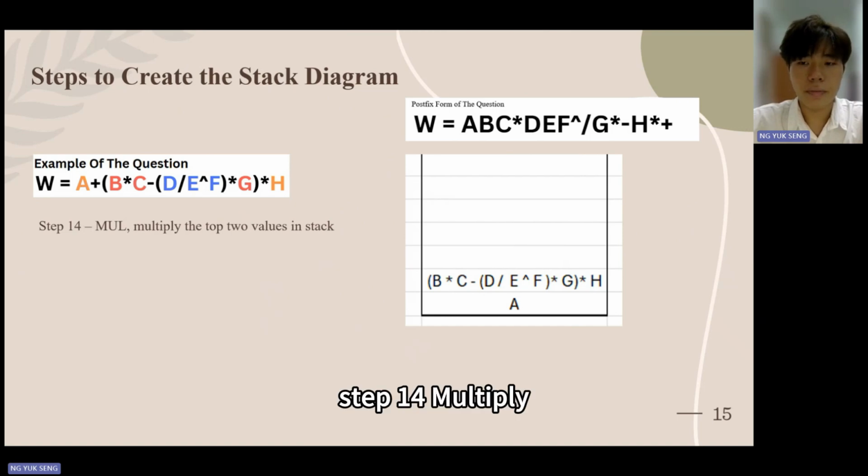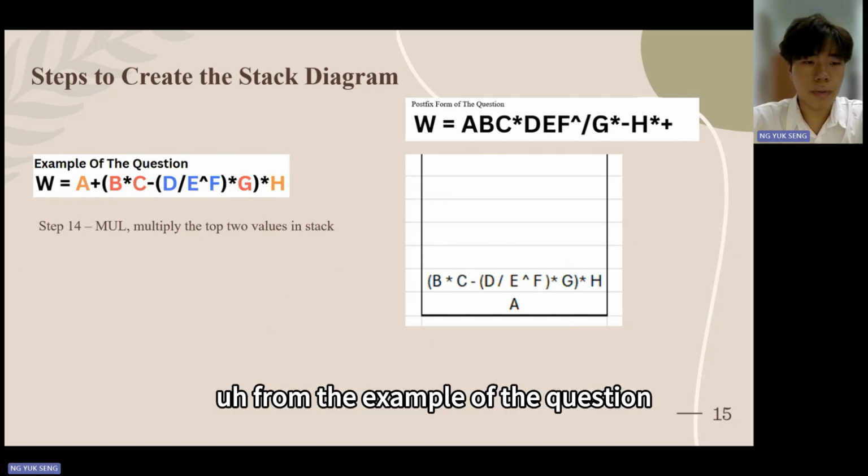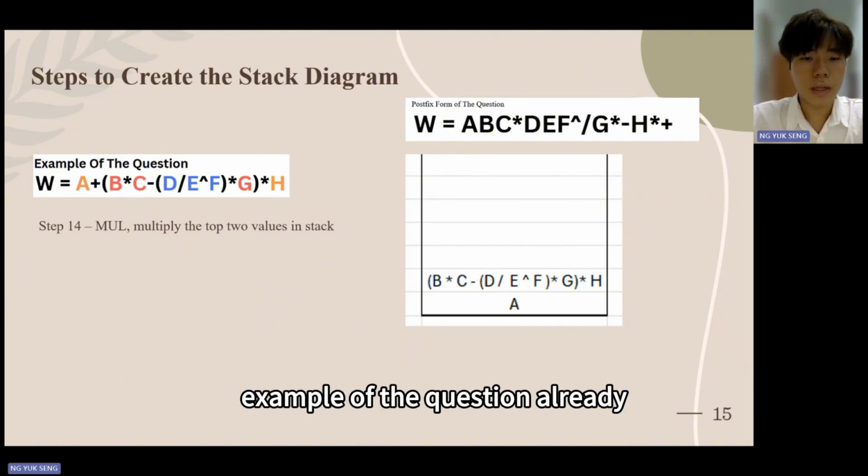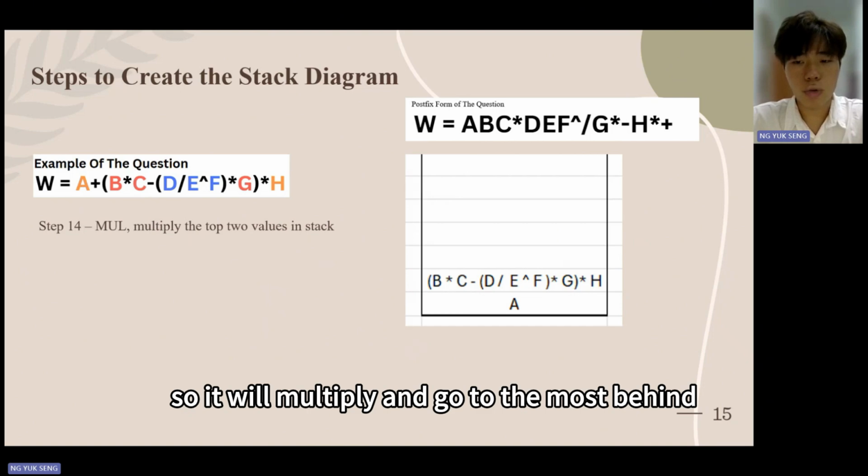Step 14, multiply. As you can see from the example of the question on this side, we are close to the example of the question already. So it will multiply and go to the most behind.